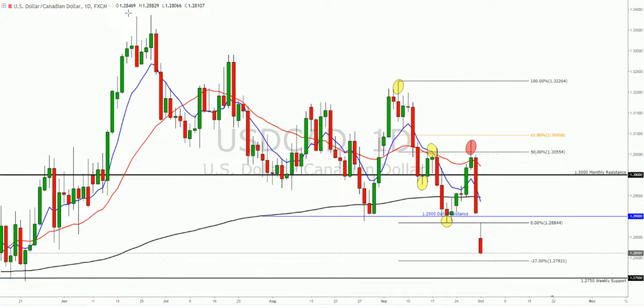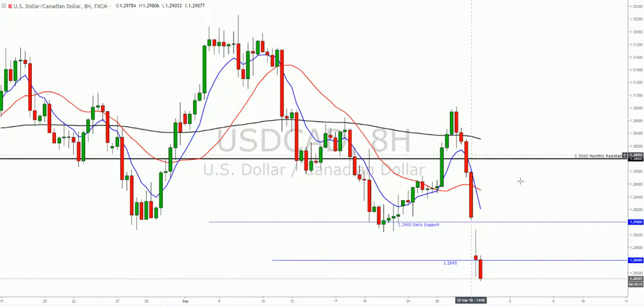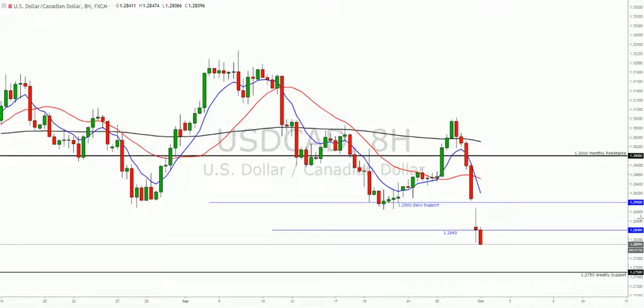Down to the 8-hour time frame, let's see what's happening there. After that gap, I've had this 1.2840 level drawn in since last week. That was the initial target, the first target that we had.